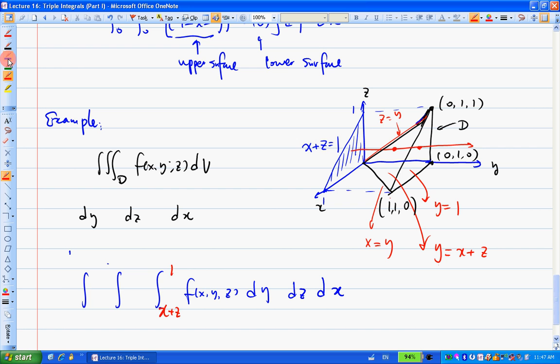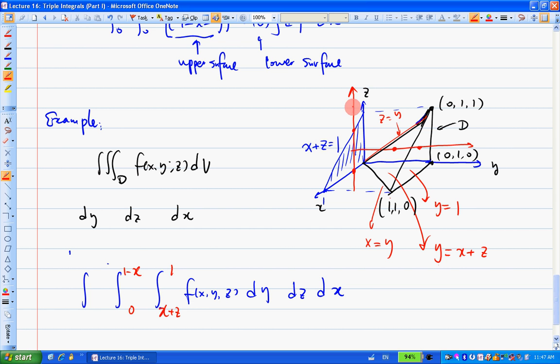So then what we do is we draw a vertical line in the z-axis direction across the shadow. First contact gives you z min, second contact gives you z max. So z min is 0, z max is 1 minus x.